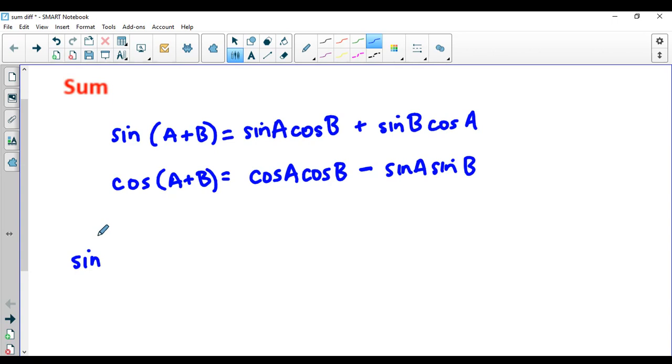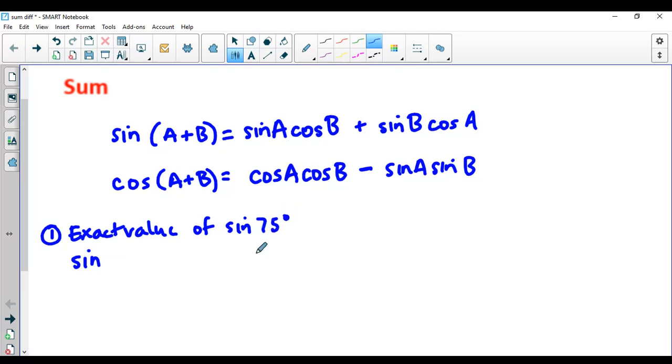Plus, you can always convert radians to degrees, work with it, and convert back. It's not a big deal. So let's say I asked you for the exact value. This is example one: the exact value of the sine of 75 degrees.